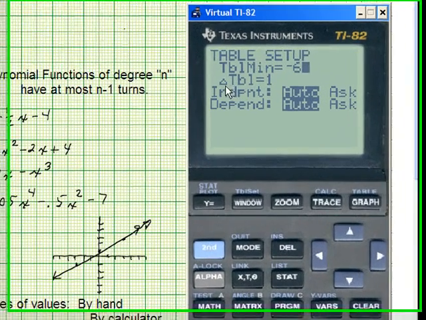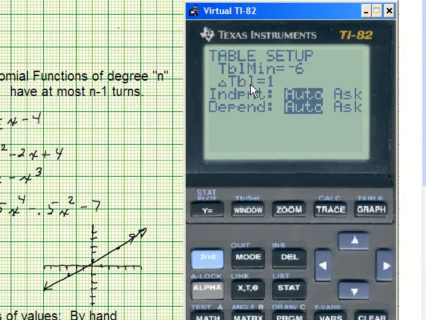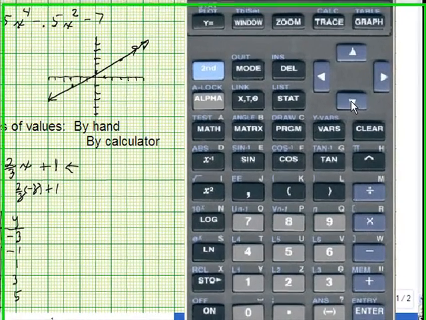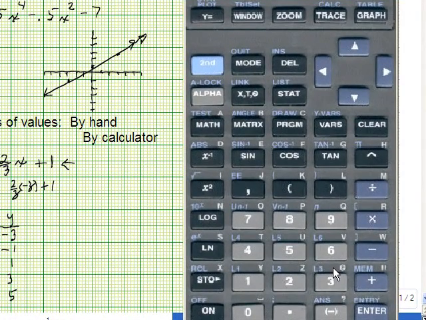It looks like a little house followed by the word table. That is actually a Greek delta. And it's how much you want to add to your smallest value to get your next value. Now notice that we were going by multiples of 3, so I'd like to add 3 so that my next value would be -3. So for delta table, come down here and I put 3.